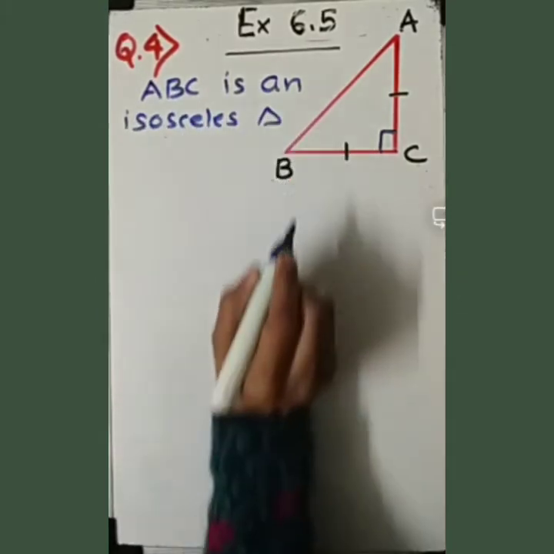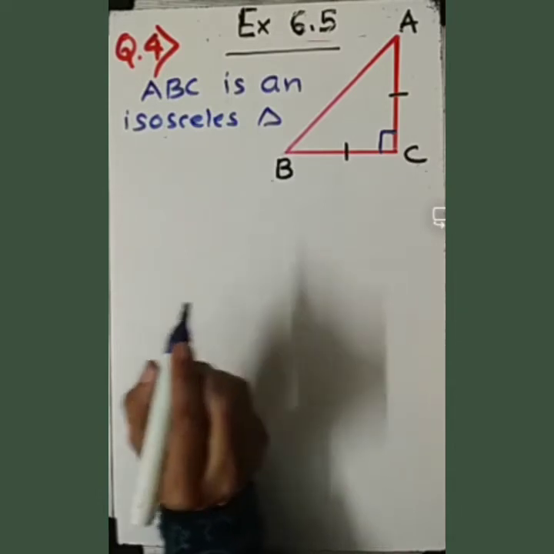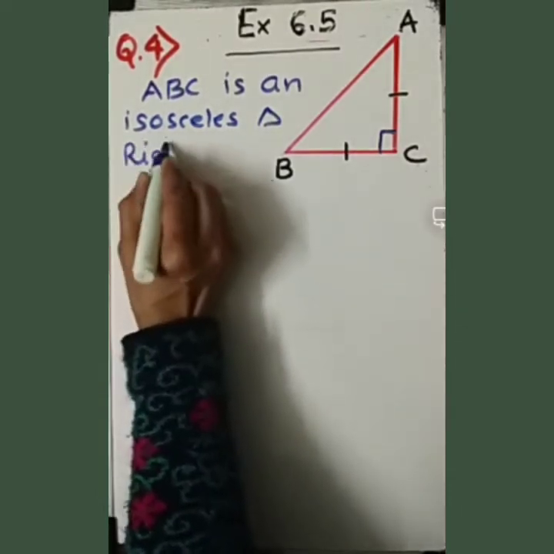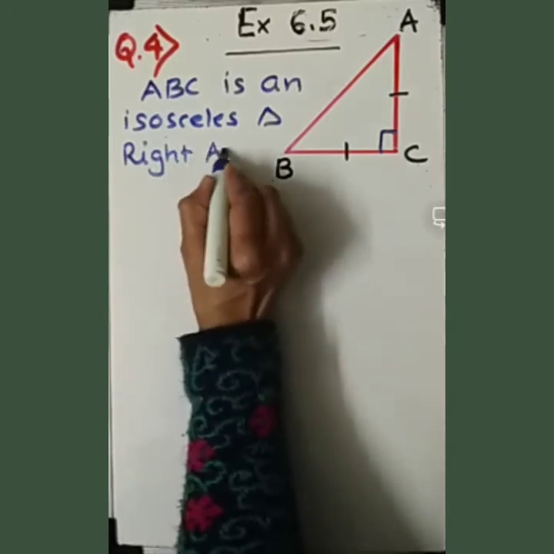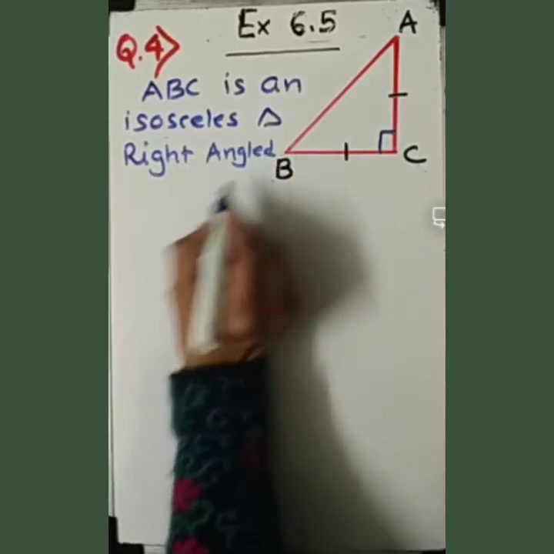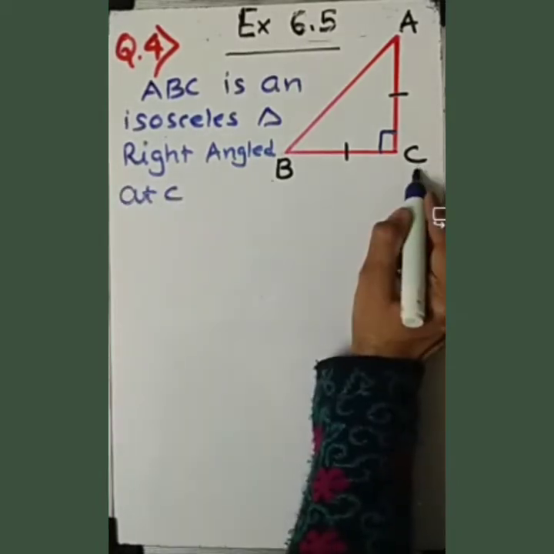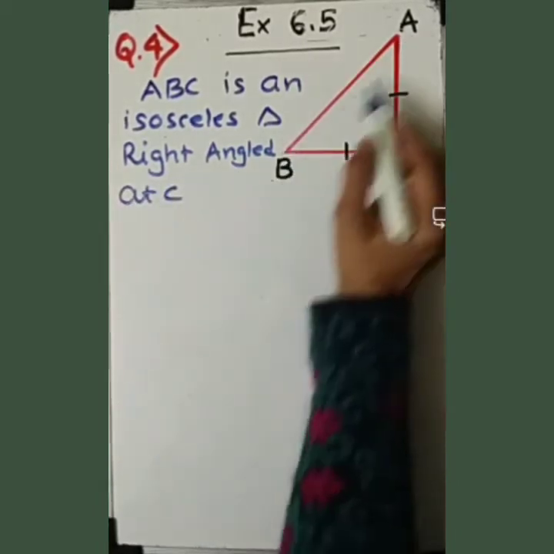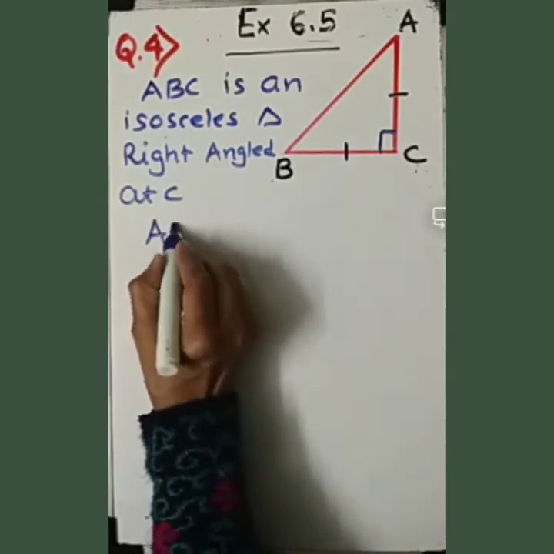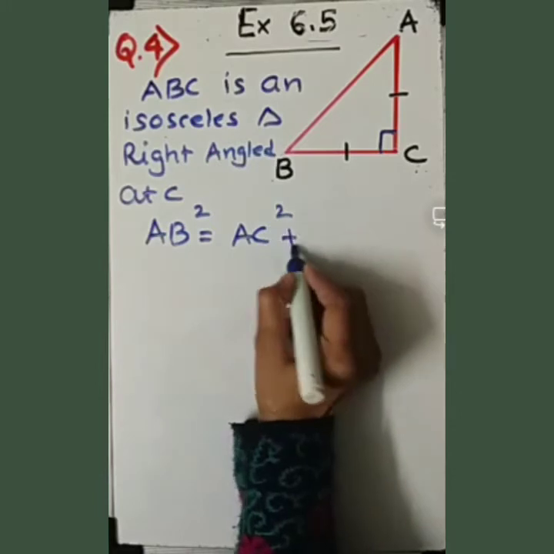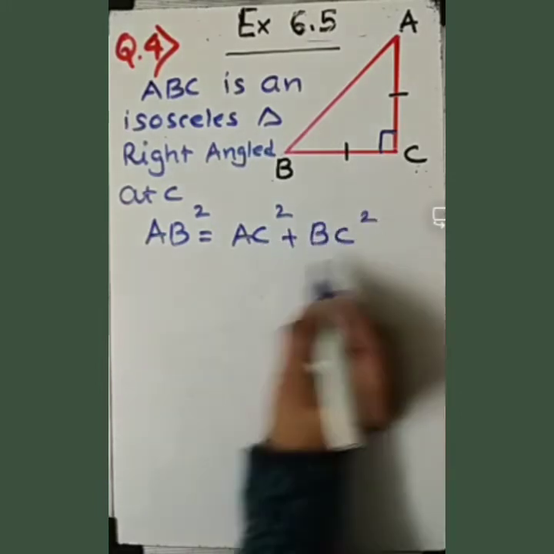This we are given. Fine. And it is right angled also. It is isosceles and right angled at point C. Therefore, if we apply the Pythagoras theorem, then we know AB square equals AC square plus BC square.